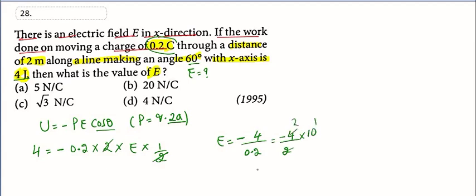So the electric field is equal to minus 20 Newton per coulomb. So which is the answer? That is A. Then what is the value? The value is 20. The magnitude is plus 20, so option B is the right answer for question 28.